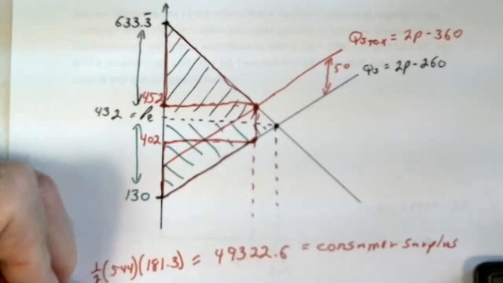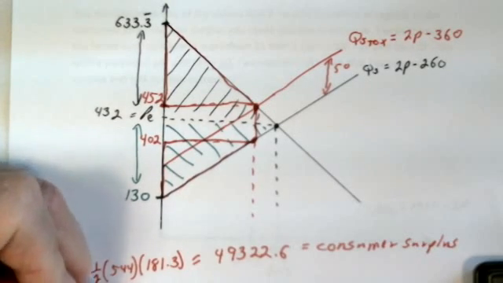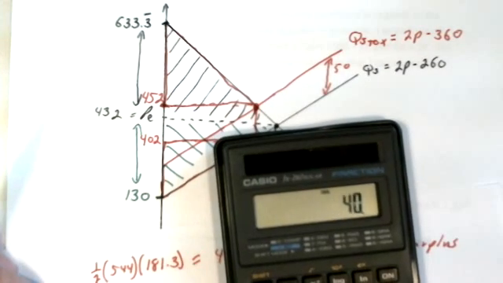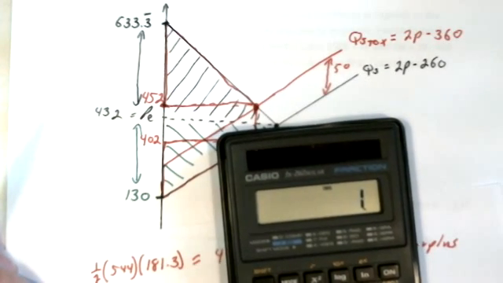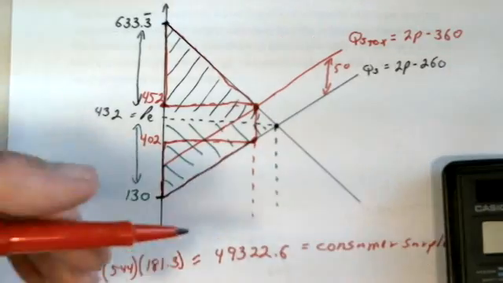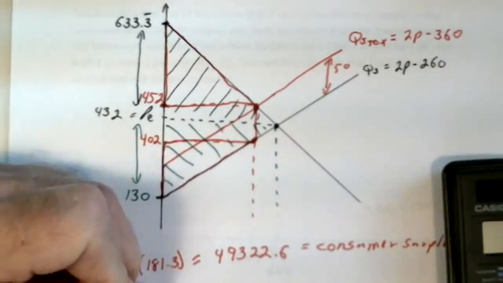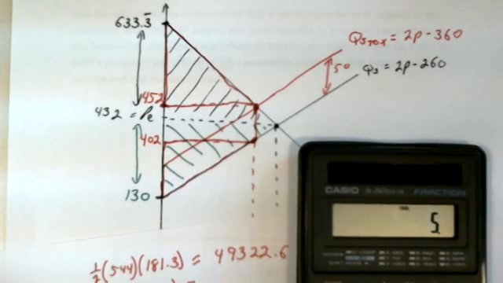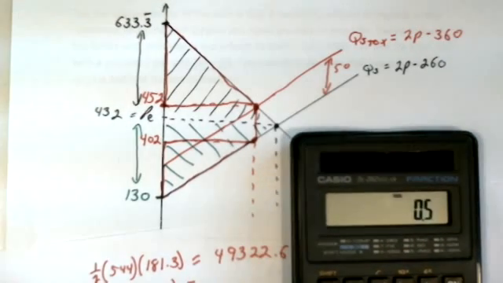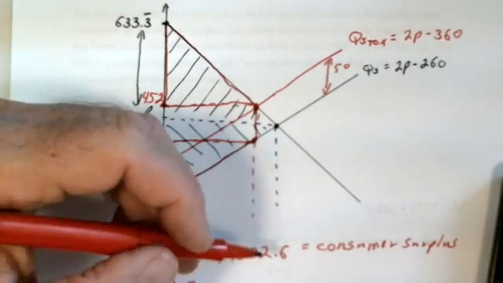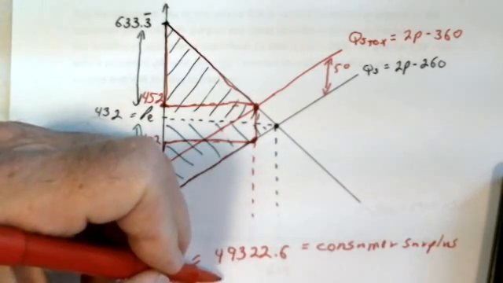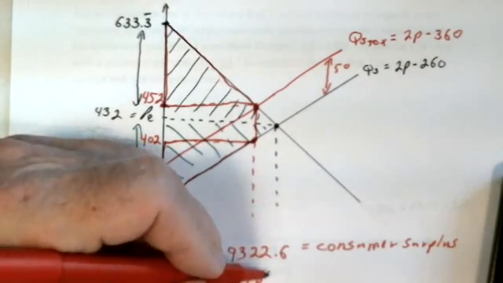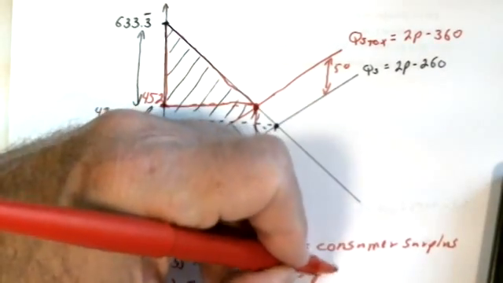So the base is still 544, and the height for the producer surplus is the difference between 402 and 130. I get 272. So that works out to be producer surplus is now 73,984.